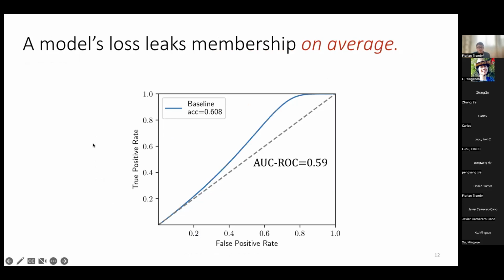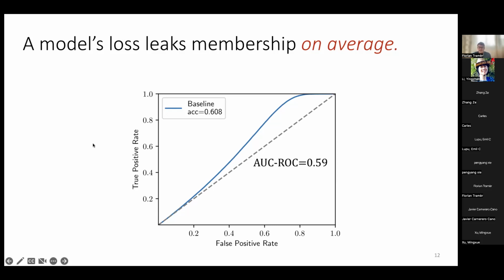And so when you then want to evaluate the attack success rate, because you can set the threshold in many different ways, what's quite common in the field is to look at what's called a ROC curve, where you plot the attack's true positive rate, so its ability to actually infer membership, at a fixed false positive rate, which is the rate at which your attack guesses that something is a member when it's not.